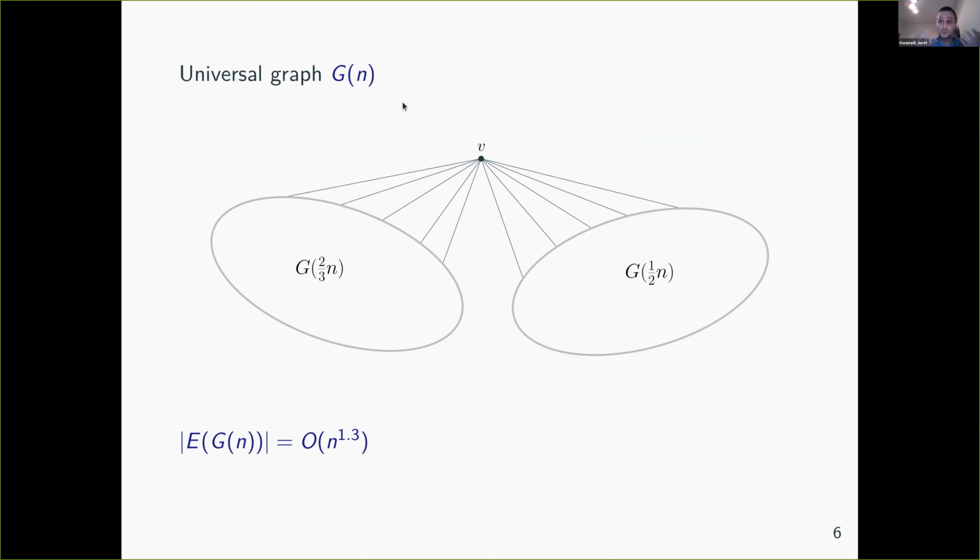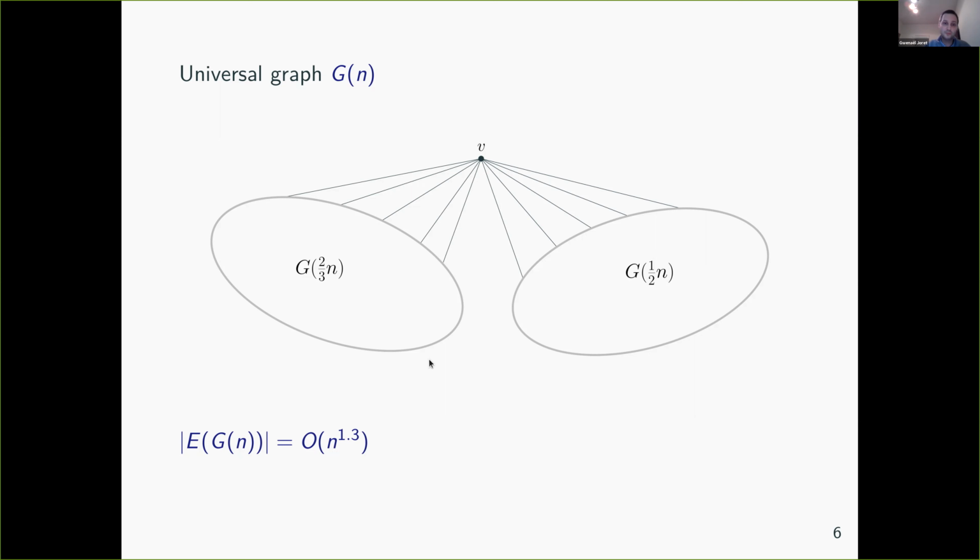So that would be a first attempt. Create a vertex, make it universal, adjacent to everything. And then on one side, you put your construction for 2/3 n vertices. And on the other side, you put your construction for 1/2 n vertices. And hopefully it should be clear that this is universal for trees.